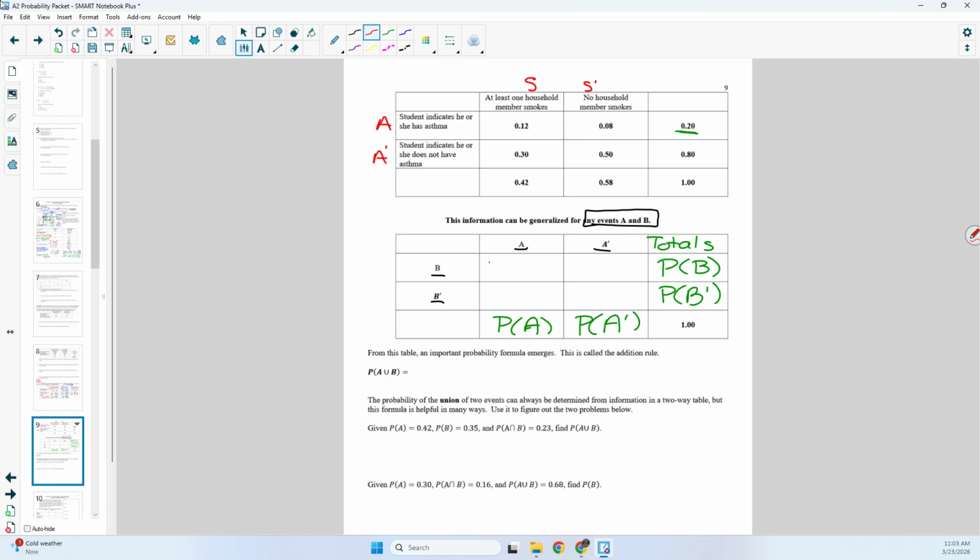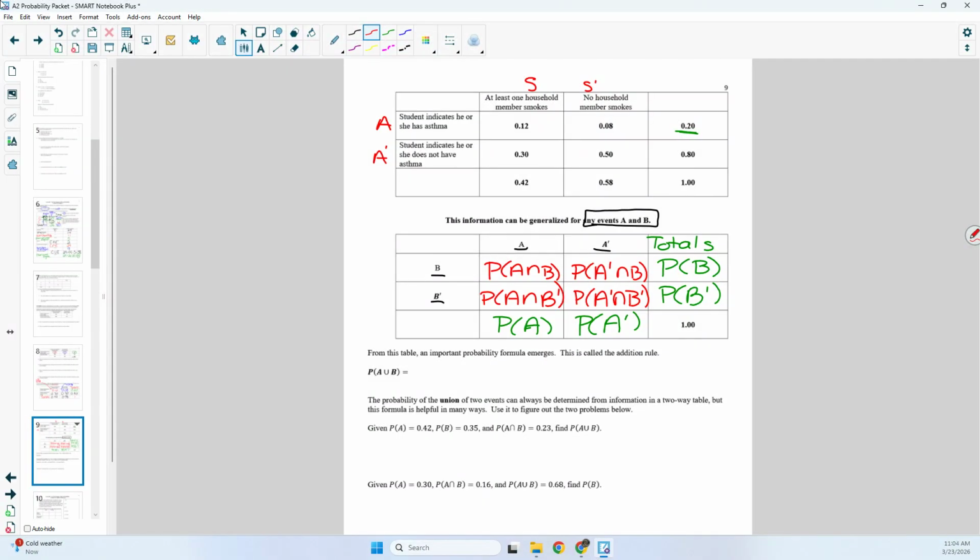So this is the probability of both A and B, this is the probability of not A and B, this is the probability of A and not B, and the probability of not A and not B. All of my intersections are in there.